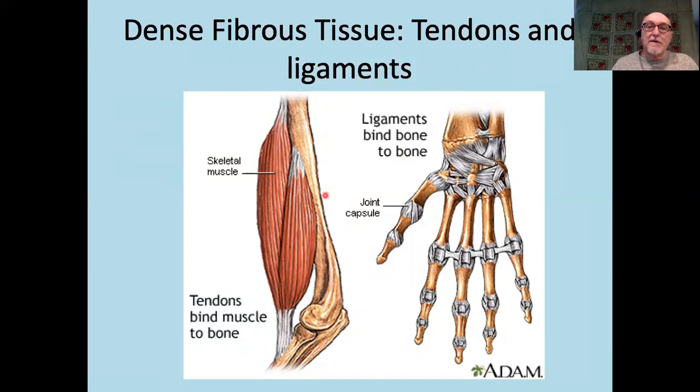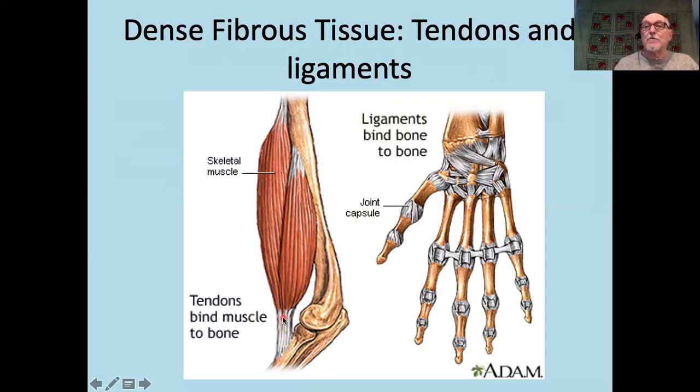And the distinction between tendons and ligaments is that a tendon connects a muscle to bone. So here, for example, is skeletal muscle, and that would be typical of your biceps. And it is connected to the bone here by very strong tendons that insert onto the bone. They're very tightly tied to the bone.